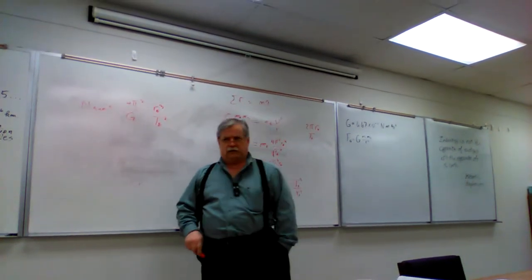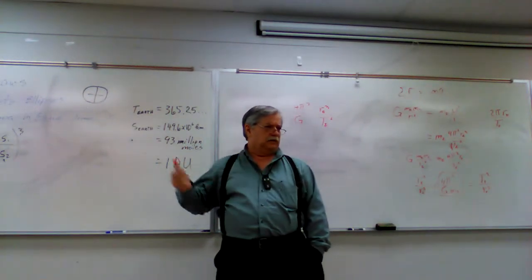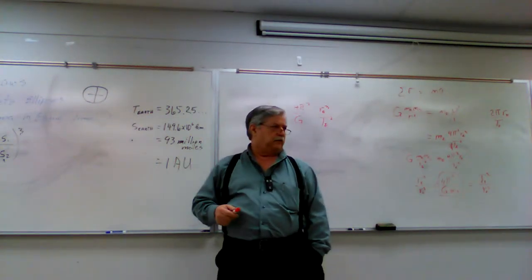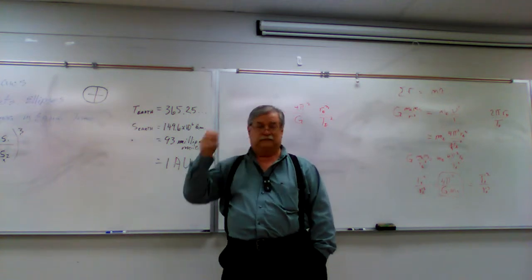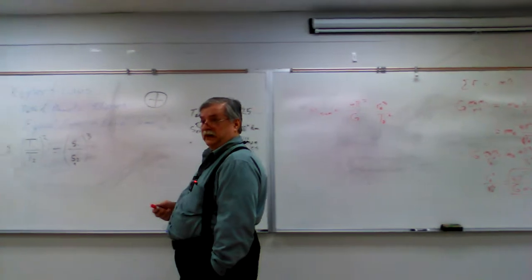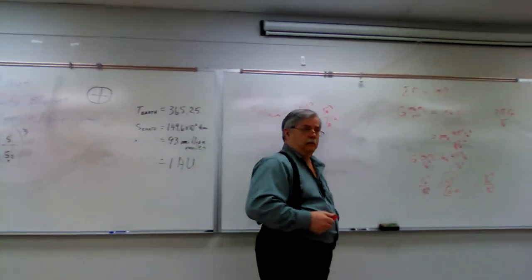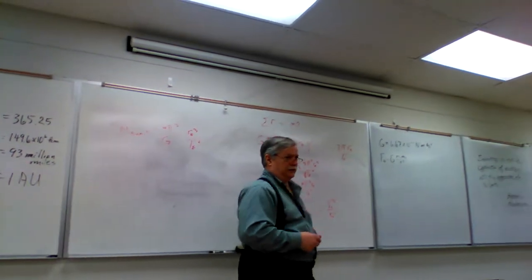But even closer to home, when Newton and Kepler were doing all of this, basically the only planets we knew about were Mercury, Venus, Earth, Mars, Jupiter, and Saturn. I don't know that they even knew about Neptune at that point.